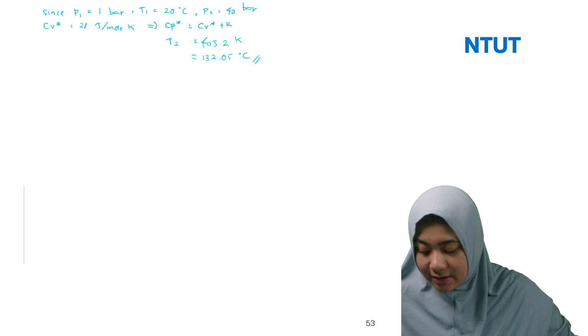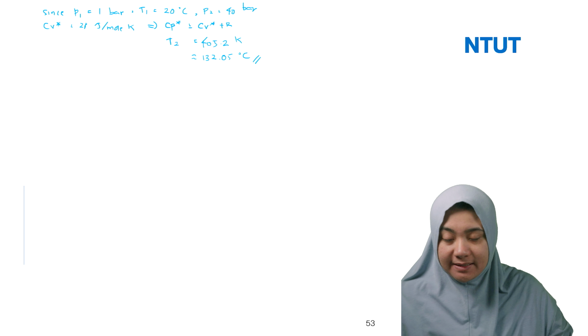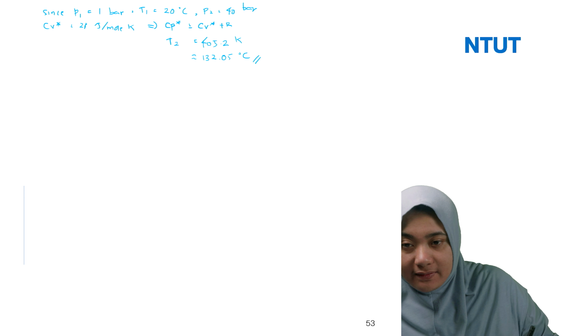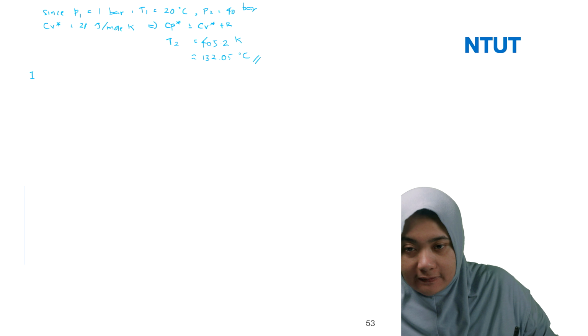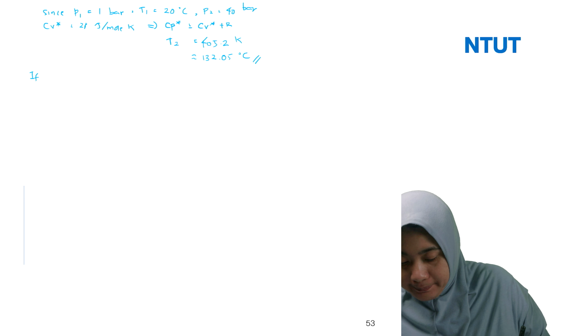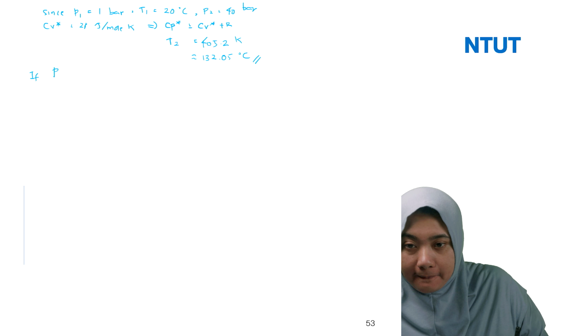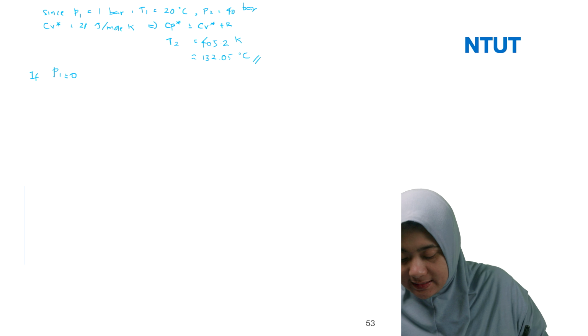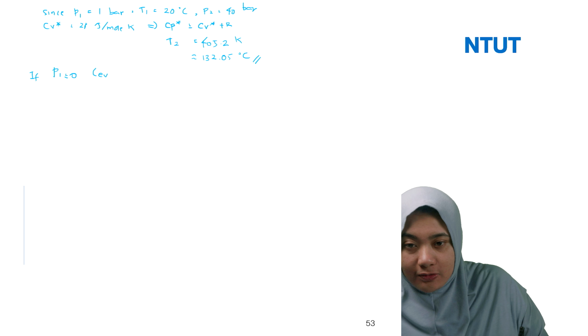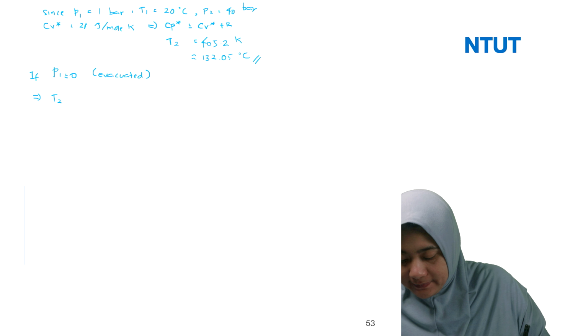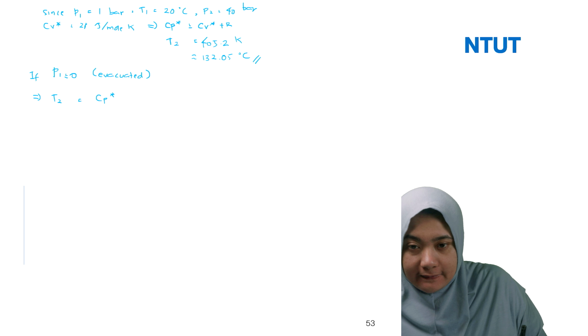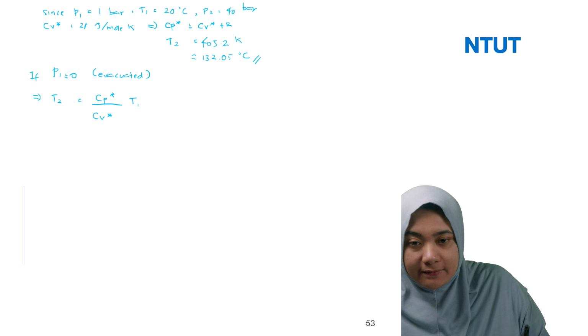Then the next question: if P1 is initially evacuated, or in the vacuum condition, we can calculate T2 exactly by Cp asterisk divided by Cv asterisk multiplied by temperature in.